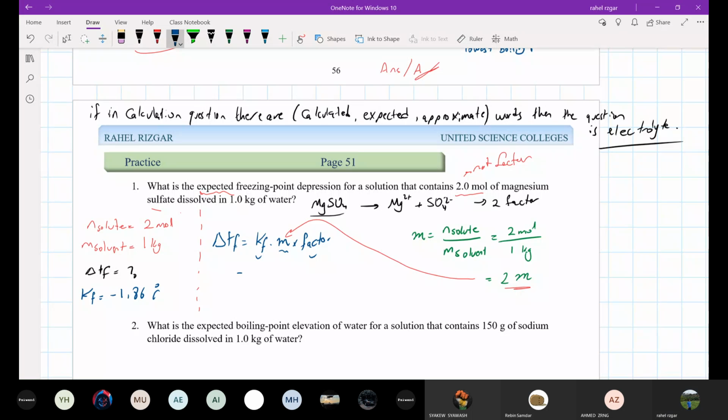Now it is equal to minus 1.86 times 2 molal times a factor of 2, and the result is minus 7.4.